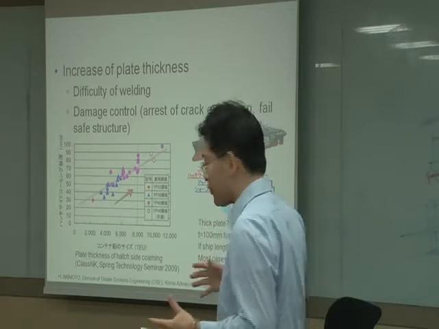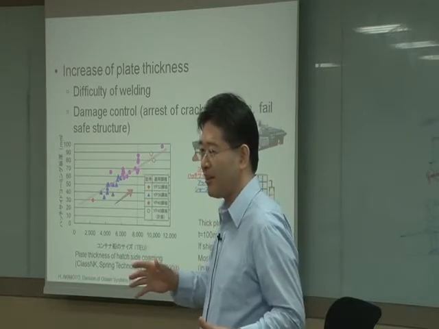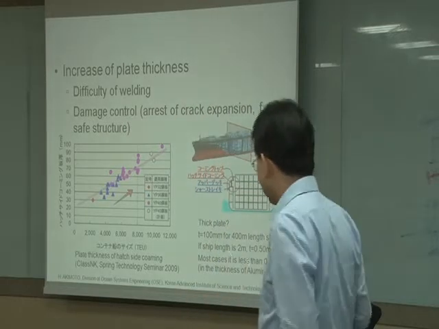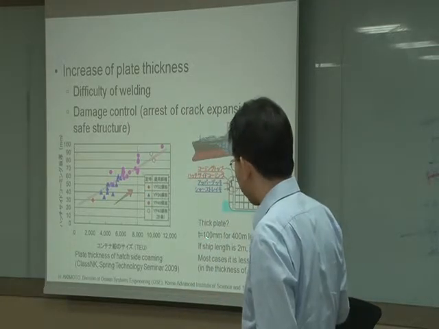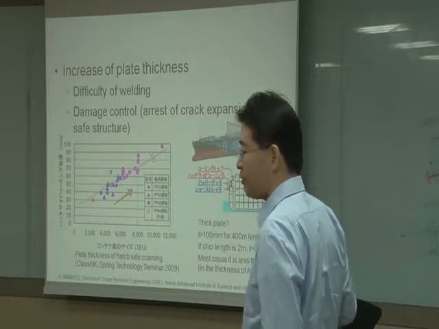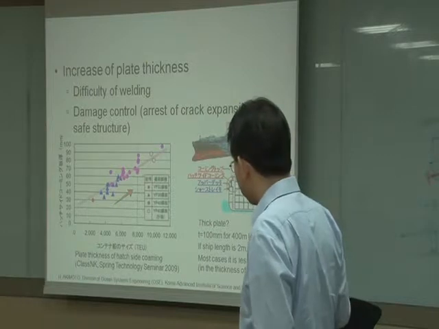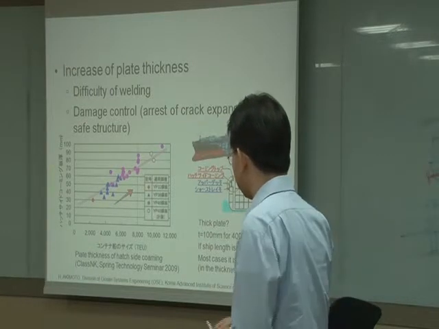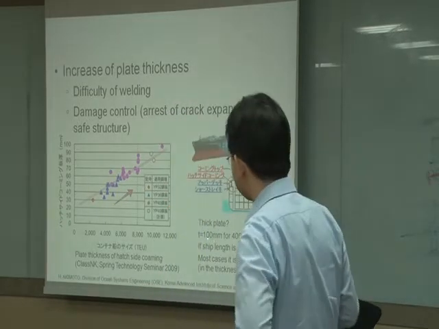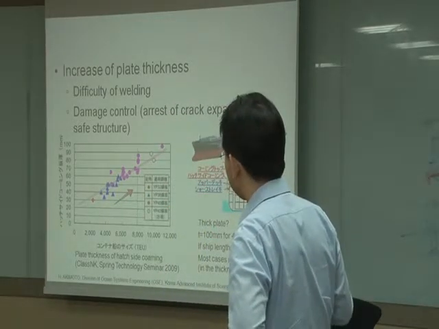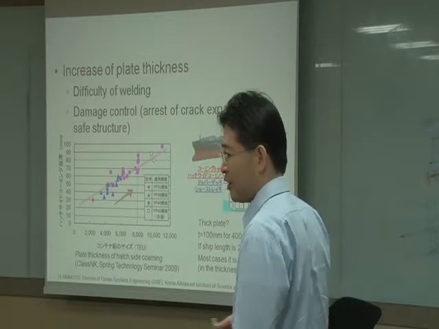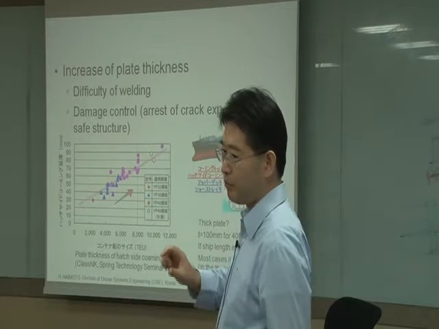If the ship length is 2 meters, similar to your height, the thickness of 100 millimeters will be only 0.5 millimeter. Already this is the level of aluminum foil. But this 100 millimeter is a very special position. It requires very thick plate.